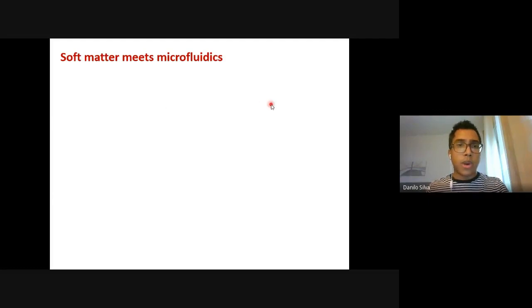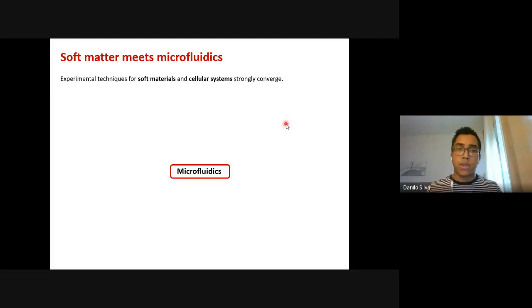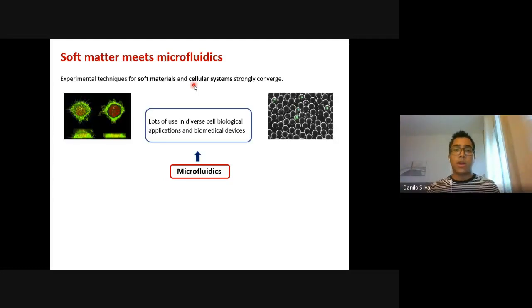An area where the applications of this type of particles are important is microfluidics, where experimental techniques strongly converge for both soft materials and cellular systems. And this is important because there are a lot of applications in various cell biological applications and biomedical devices, like cell sorting, for example.